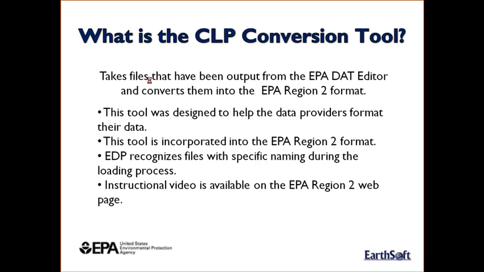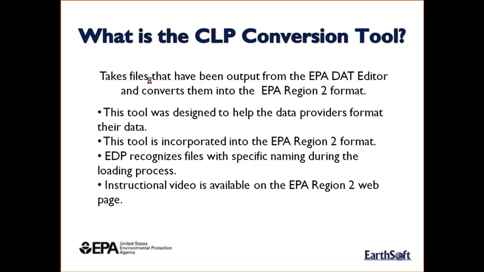And when you try to load that file into the EDP, it will look at that extension and say, oh, I'm receiving a CLP file. I will take it and pull it apart and basically load it into the EDP Region 2 format. With version 3, that'll work the same way.